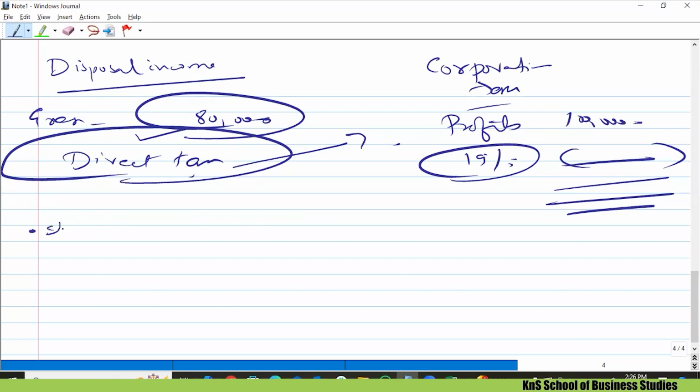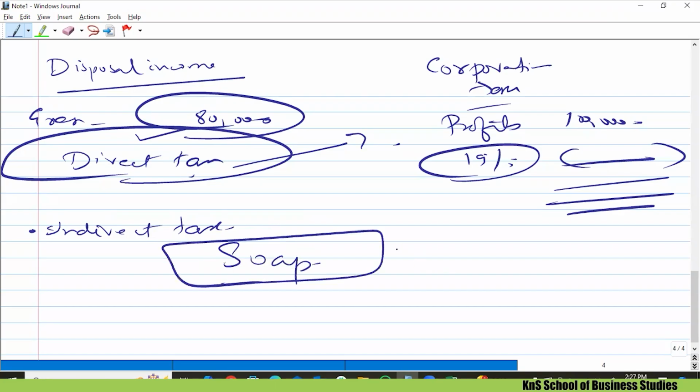Next, if I talk about indirect tax, this is concerned with consumption. Let's suppose I'm going to buy a soap. The price of the soap is, let's suppose, $50, and there is a condition maintained with it, that there is a 2% VAT on it. Then what will happen?